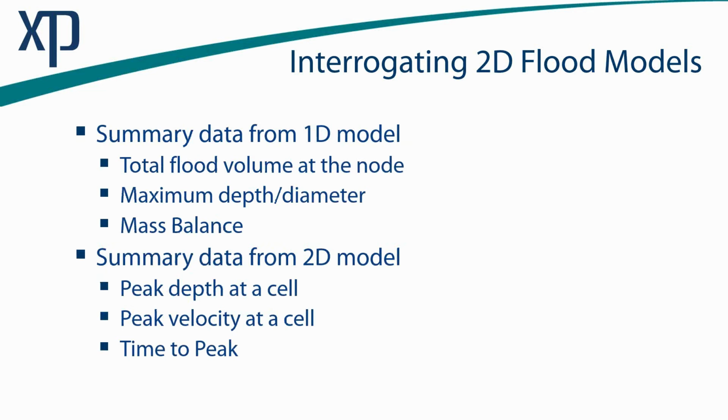There's a lot of summary data available in both those models, the 1D and 2D models, such as total flood volume at a node, the mass balance of the 1D solution, in the 2D model, peak depth at a cell, or peak velocity at a cell, or time to peak. So there's a lot of good tabular information available in the summary data for both models.